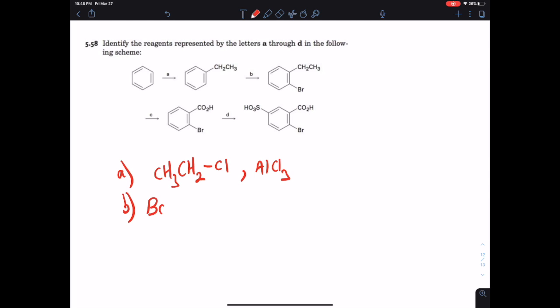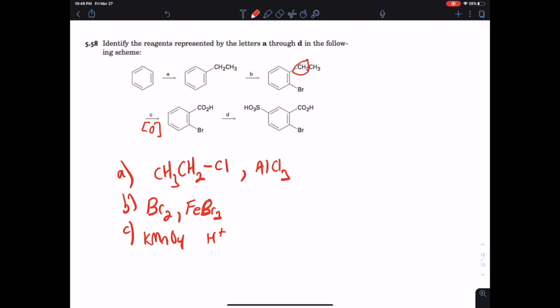So you use bromine, and you could use aluminum bromide or ferric bromide. For step C, what are we doing there? We're doing oxidation. This is oxidation of this chain here. So KMnO4. Usually there's acid, but a lot of times that gets left off, but probably should say H plus also.